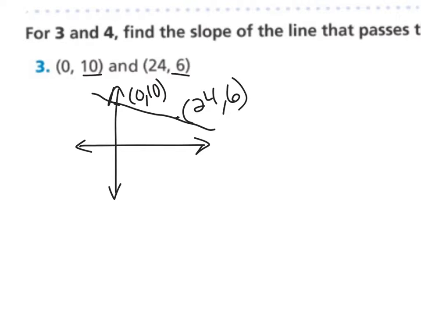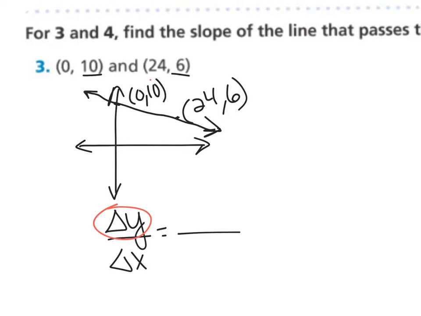So 24, 6 would be over here somewhere. Just sketching the graph, we can see that this looks like it should be a negative slope. Once again, finding the slope, it's change in y over change in x. So again, we can look at our y values here and think about what we're doing.